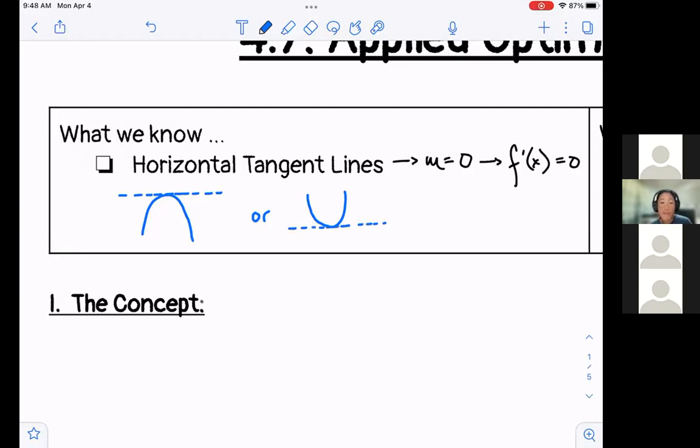Now we have a slope of 0 at the bottom. A point like this, in particular, we might refer to as a maximum.